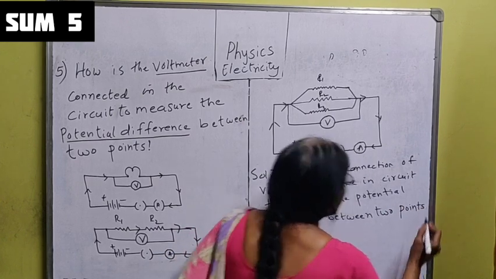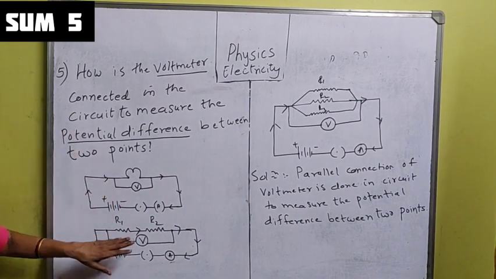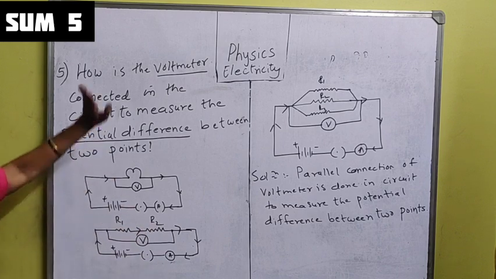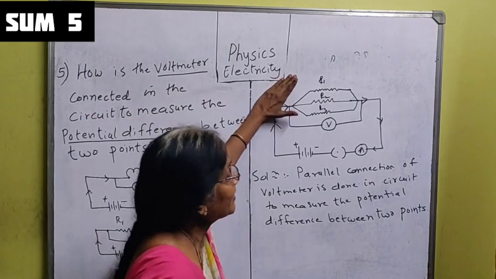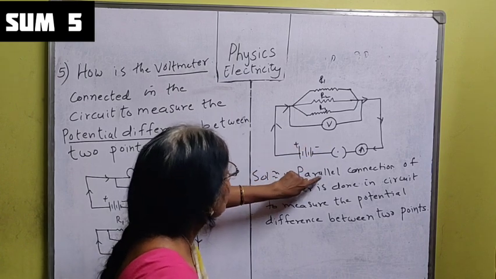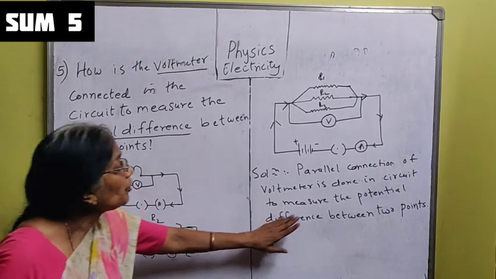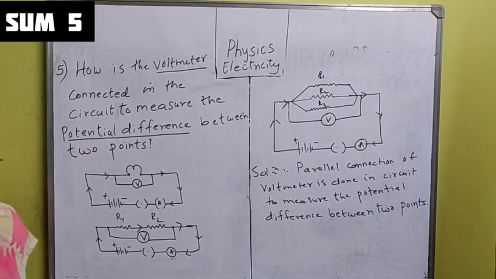So we came to know, whether it is connected with a bulb, with resistors in series or with resistors in parallel combination, it is always connected in parallel. Parallel connection of voltmeter is done in circuit to measure the potential difference between 2 points.